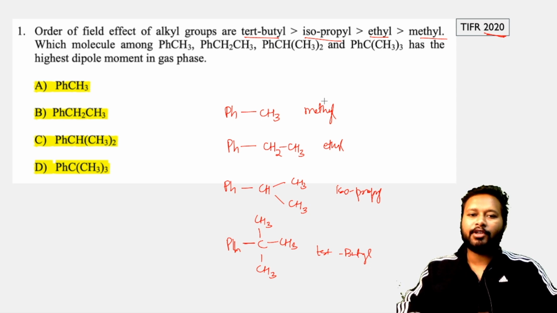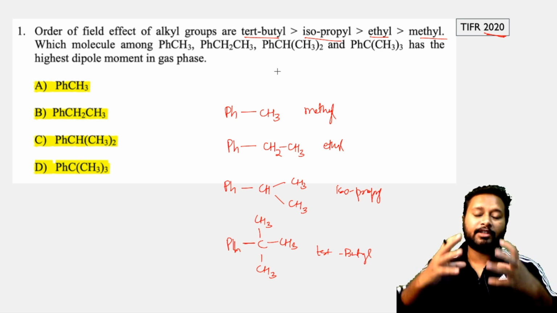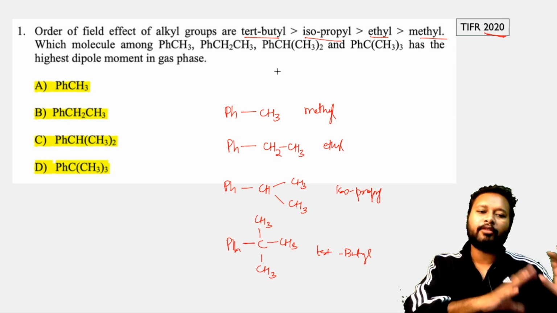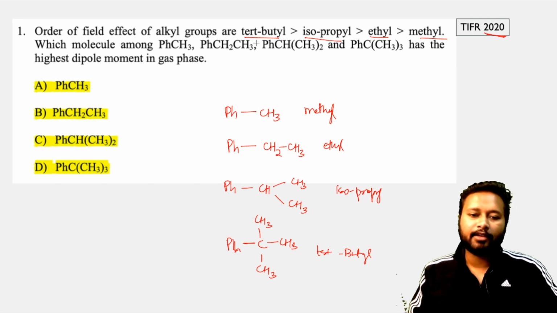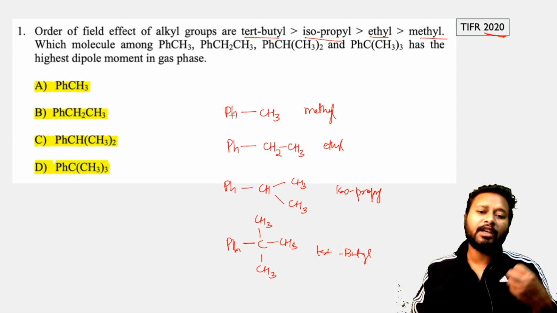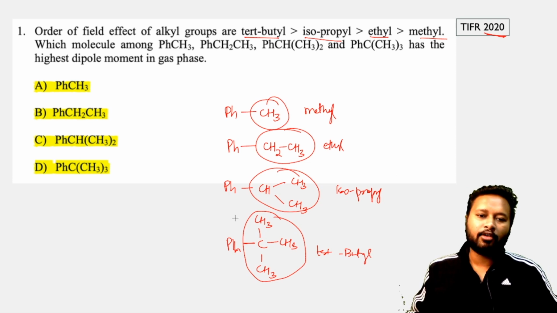Now as in the question it was given that the field effect means the effect which that group applies on the electron cloud of the neighboring group or whatever group is nearby to it, that is highest in the case of tertiary butyl. That means what? The electron cloud of this phenyl ring is going to get influenced by the groups which are attached here. Okay, these groups are going to affect the electron cloud of this phenyl ring.